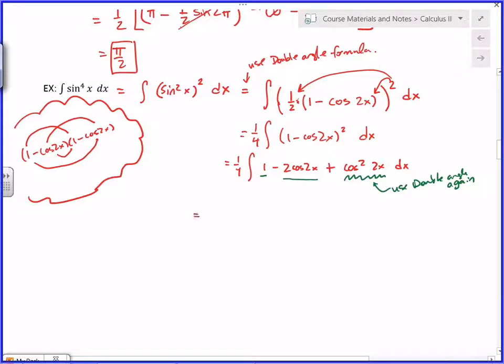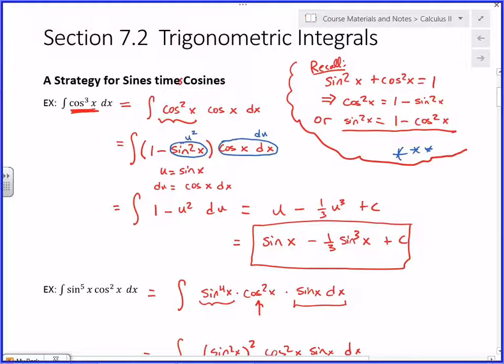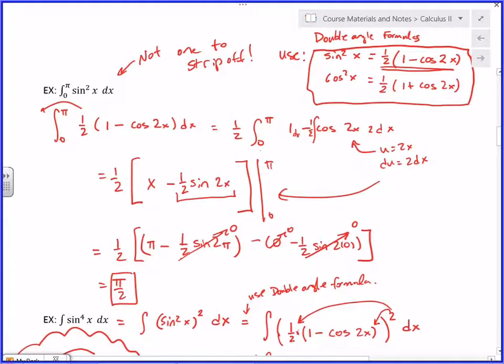So you get 1/4 integral of 1 minus 2 cosine of 2x plus, now 1/2. Notice up here on this formula, I'm scrolling up for just a second, you've got it at the top of your page hopefully: cosine squared of x is 1/2 times 1 plus cosine of 2x.